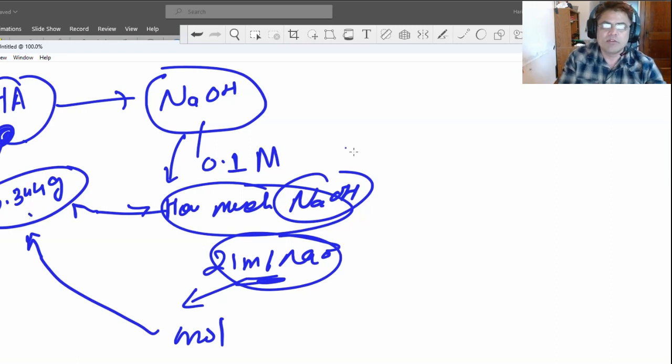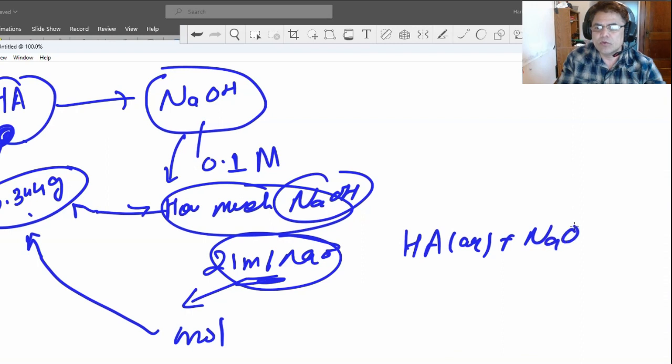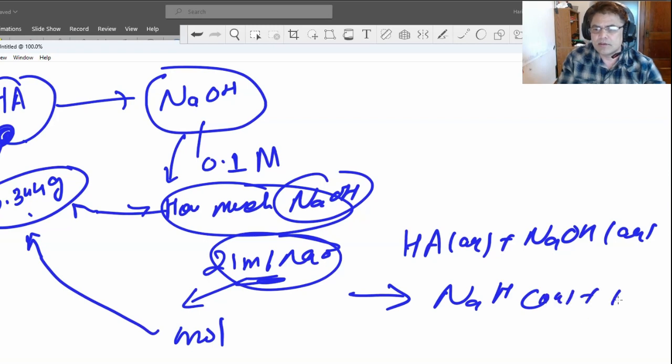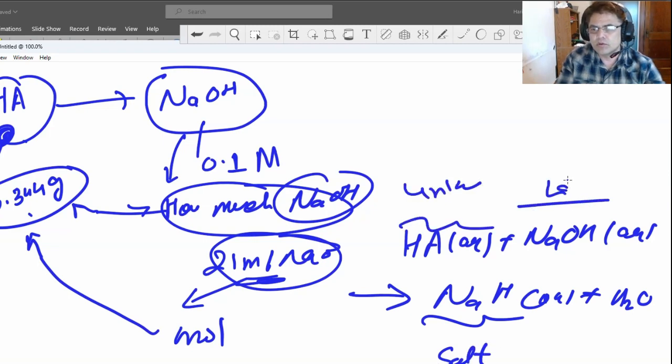The reaction is HA plus NaOH, which gives you NaA plus H2O. This is your salt, this is your unknown, and this is your known. What is the molar ratio? 1 mole of HA is equivalent to 1 mole of NaOH.